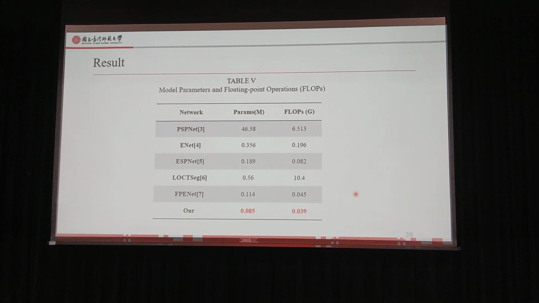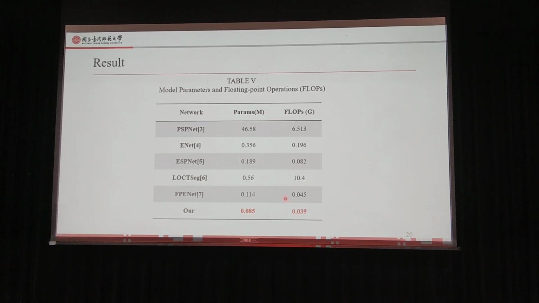The current one from 46 to 0.08, so it reduced very much. Yes. So can it be improved more on the Raspberry Pi? Improve.